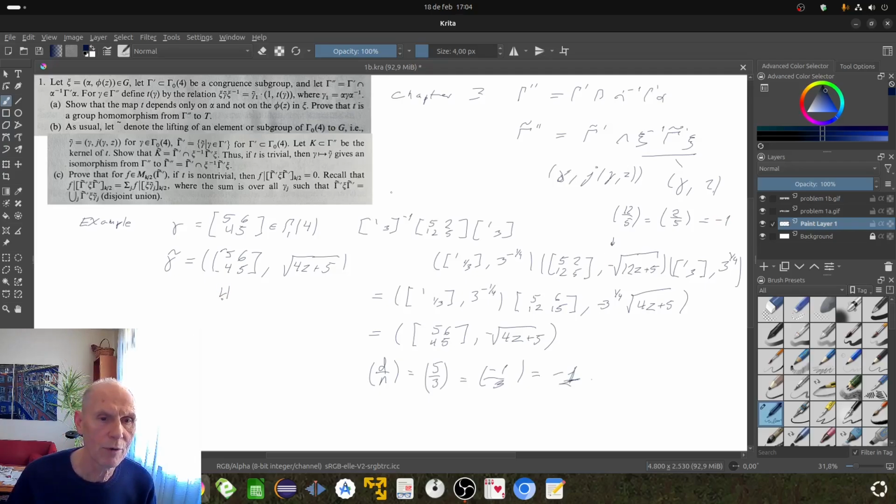But 4 on 5 here, that's plus 1. Shouldn't it be 3 on 5 but on the other way? I think it should be n on d. In this case, they agree.